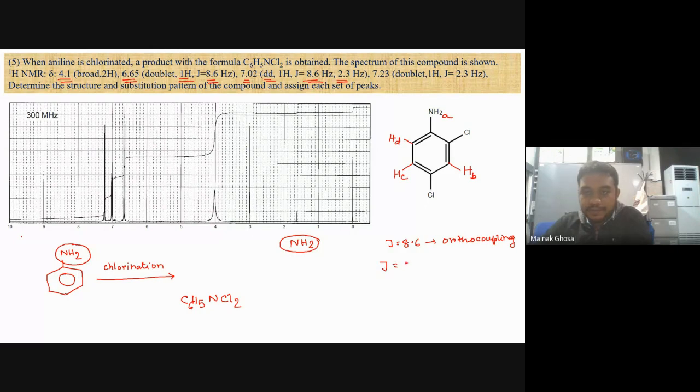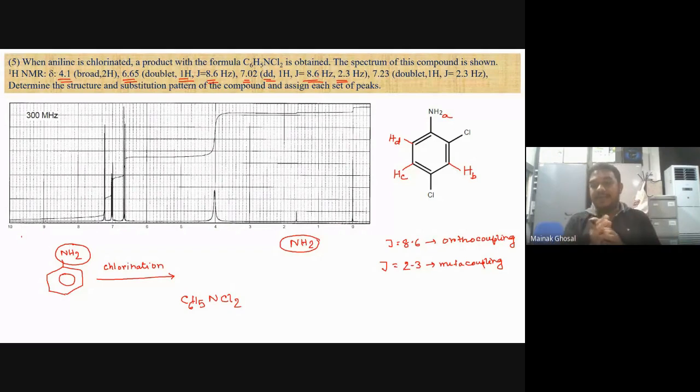J equals 2 to 3 corresponds to meta coupling, sorry, not para coupling. So for this 7.02 peak, you see two types of coupling. There is a very high chance that this proton is involved in ortho coupling as well as meta coupling.